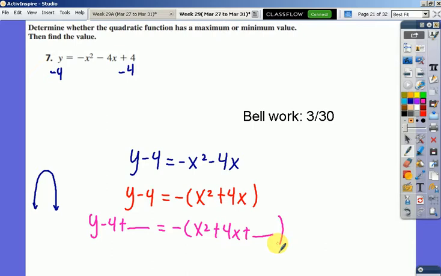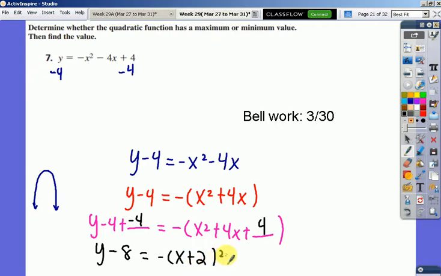What goes in the blank? 4. 4 in this one. What in this one? Negative 4. Y minus 8 equals negative, what does that have to be? Yep. X plus 2 times squared.